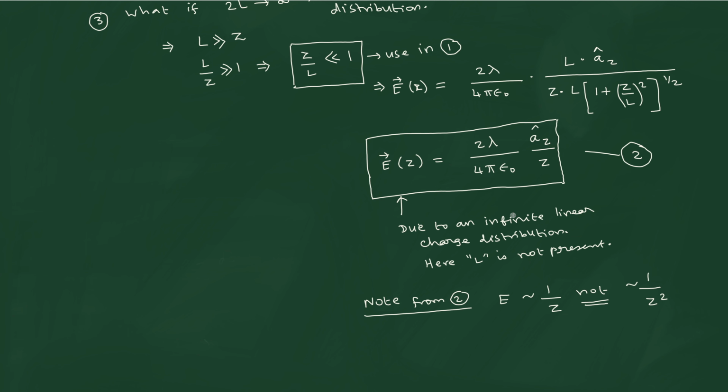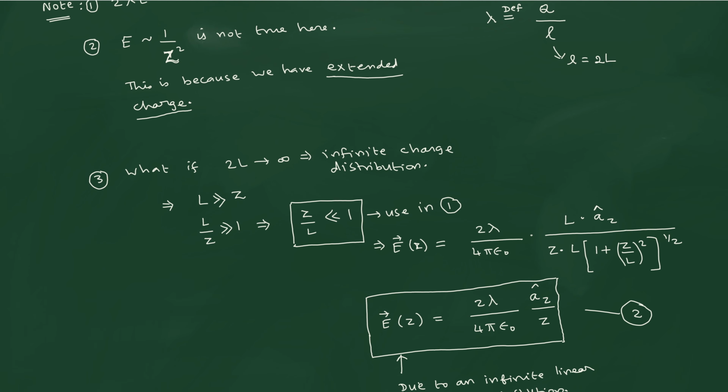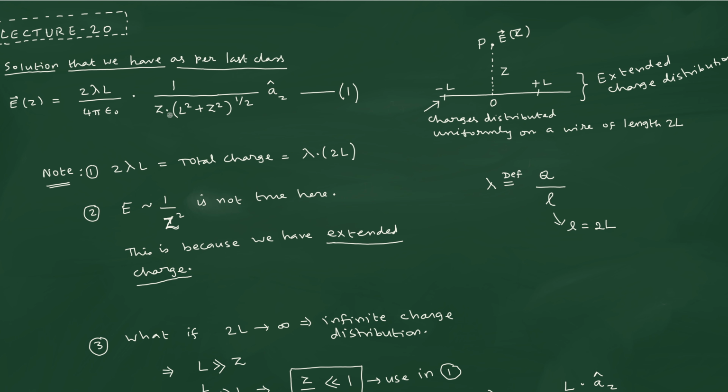But in the previous case, it is neither of that. You can't say whether it is 1 by z also, because that equation is a little bit more complicated, it contains z also, it contains l also. We can't say that it is 1 by l, we can't say whether it is 1 by z, because it's a combination of that, and here also you have an l.